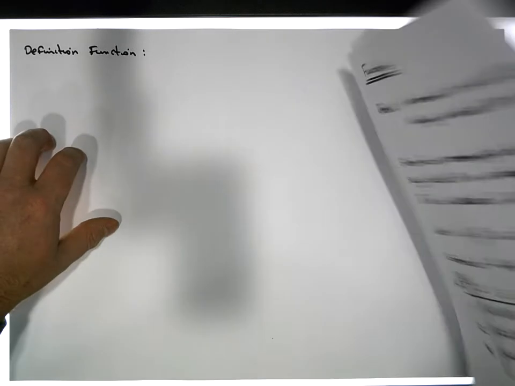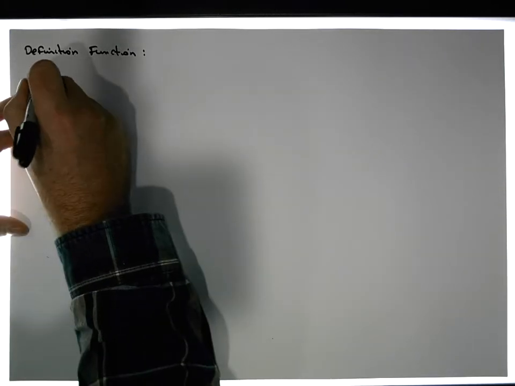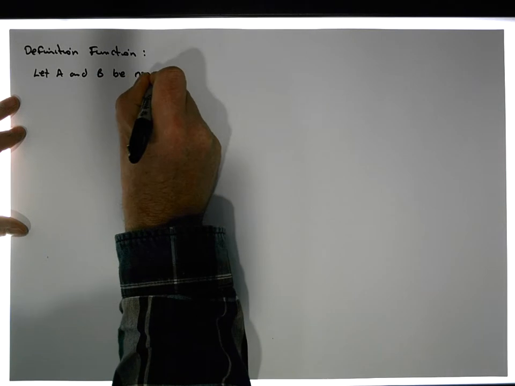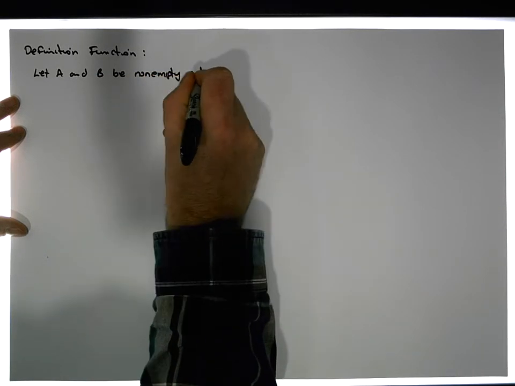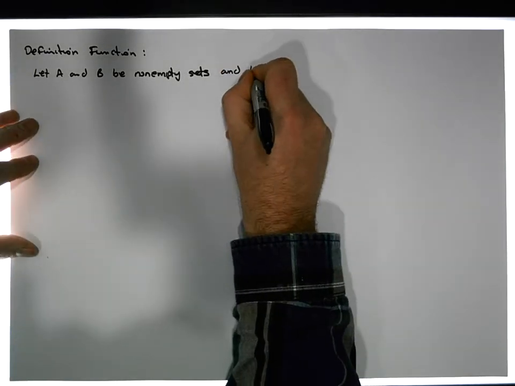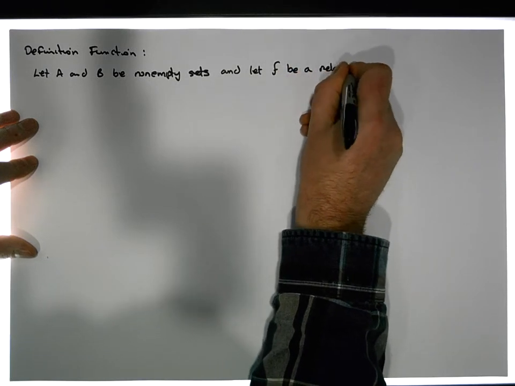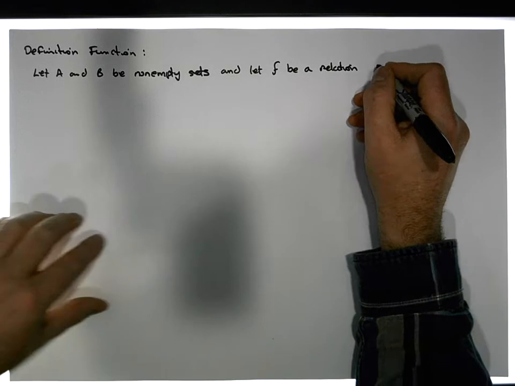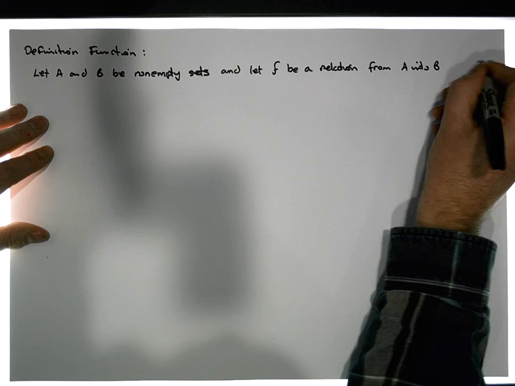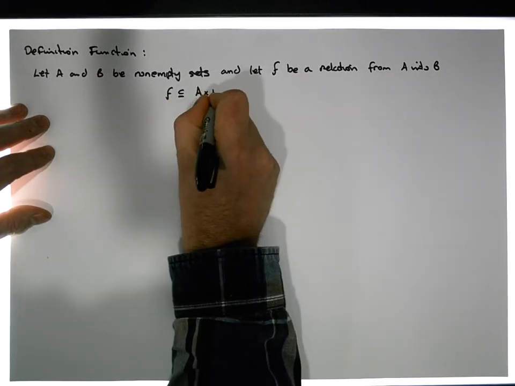So what I'm going to say here is: let A and B be non-empty sets, and let F be a relation from A into B. Really what I'm saying is that F is a subset of A cross B, so let's keep that in mind.